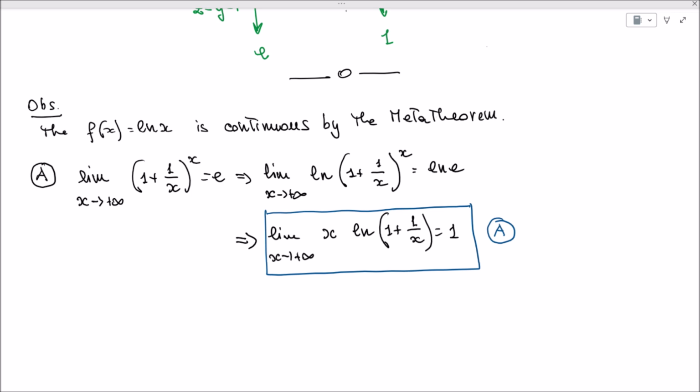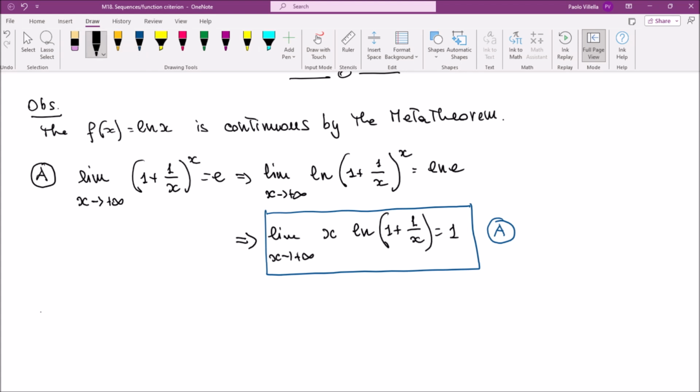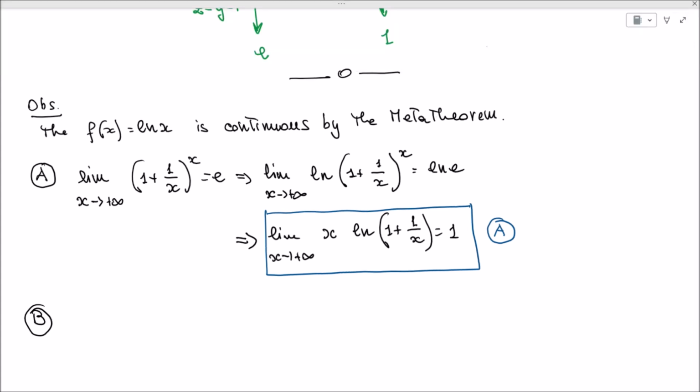In a similar way, we can prove a similar limit for x that goes to minus infinity. For that, we need to use the fact that the limit as x goes to minus infinity of 1 plus 1 over x raised to the x also converges to e, and we have just proved this.